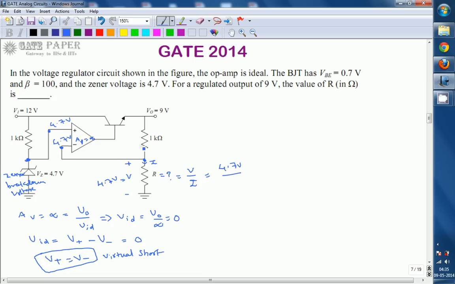Can we say that the current flowing through the 1 kilo ohm is also flowing through R? That is, the current flowing through the 1 kilo ohm and the current flowing through R are the same.